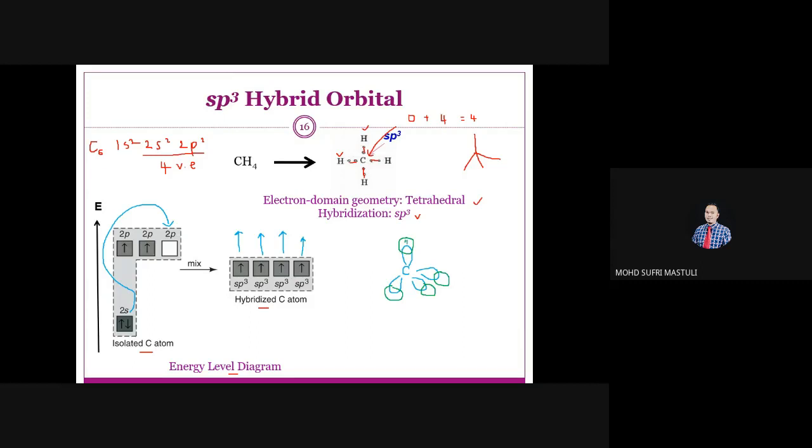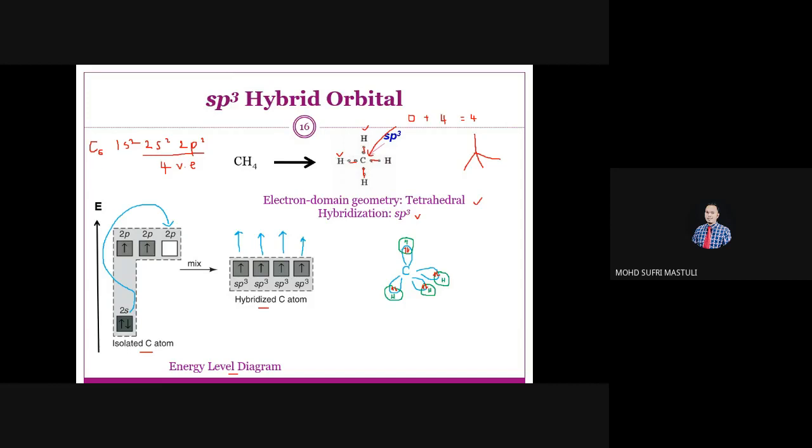Hydrogen, hydrogen, hydrogen, and also hydrogen. In every overlapping area, they have a spin up, spin down, spin up, spin down, spin up, spin down, and also spin up, spin down.